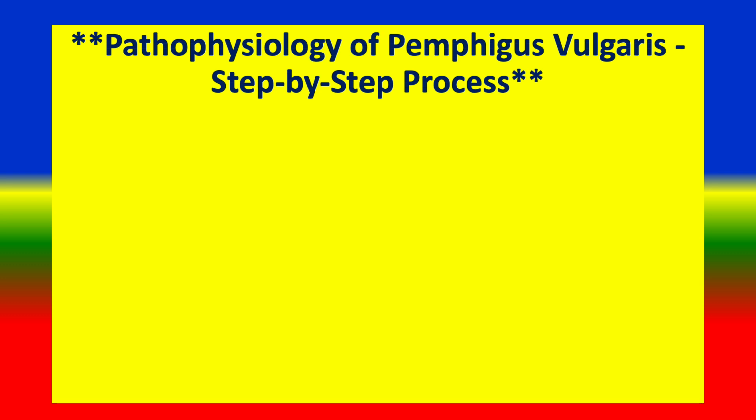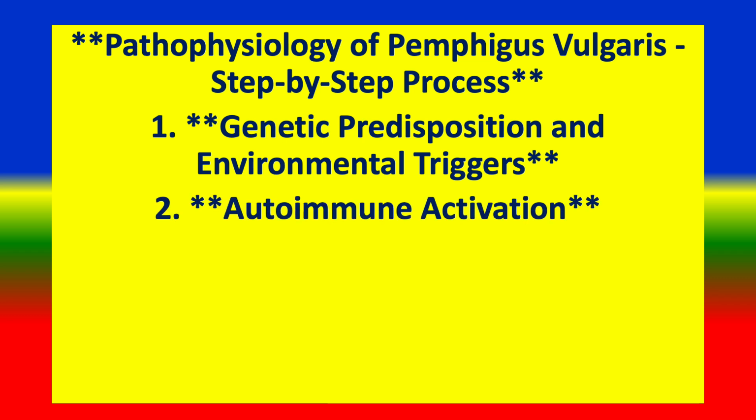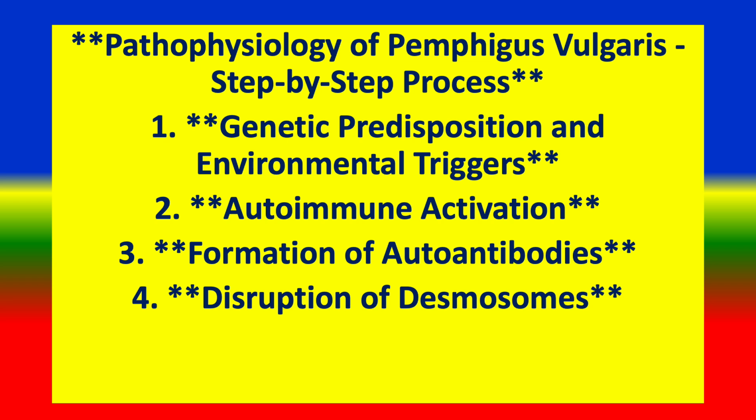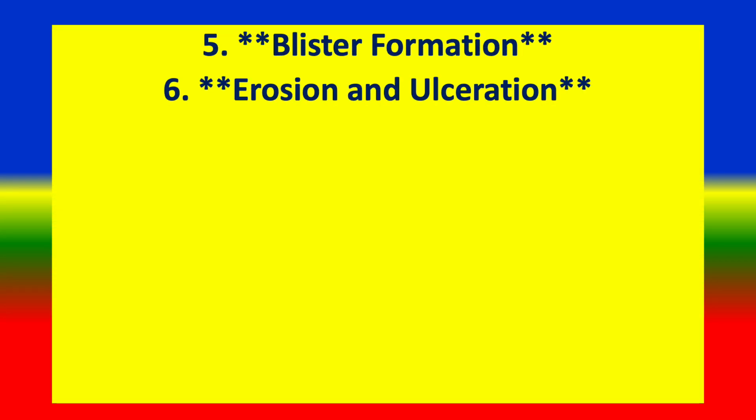Pathophysiology of pemphigus vulgaris, step-by-step process. 1. Genetic predisposition and environmental triggers. 2. Autoimmune activation. 3. Formation of autoantibodies. 4. Disruption of desmosomes. 5. Blister formation. 6.